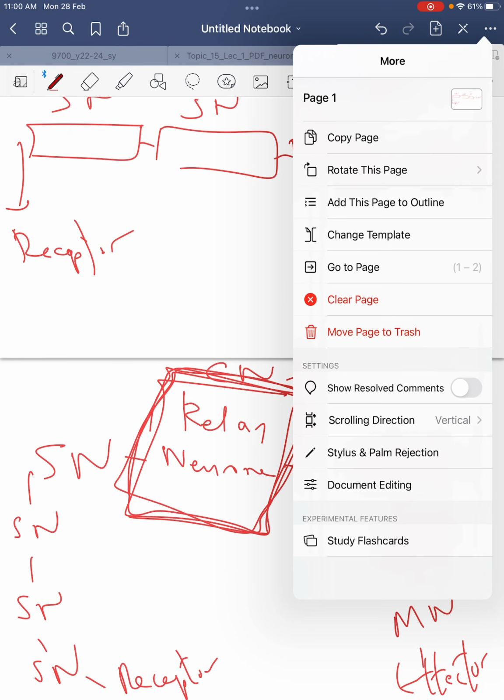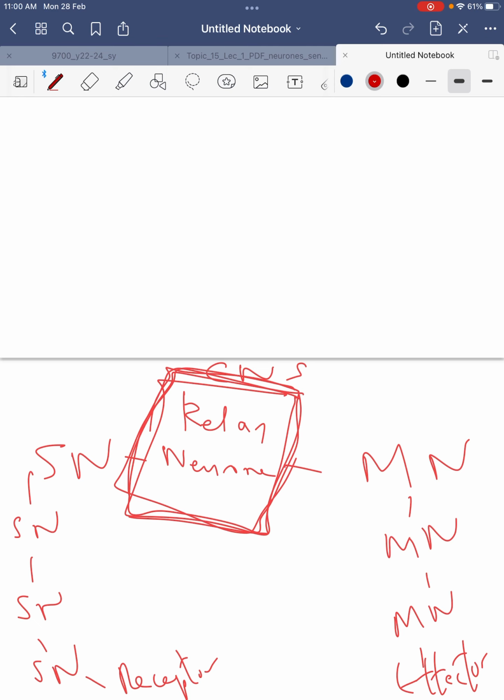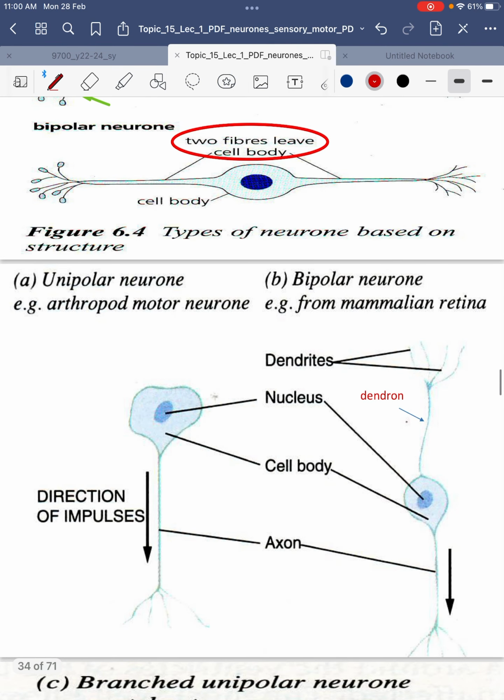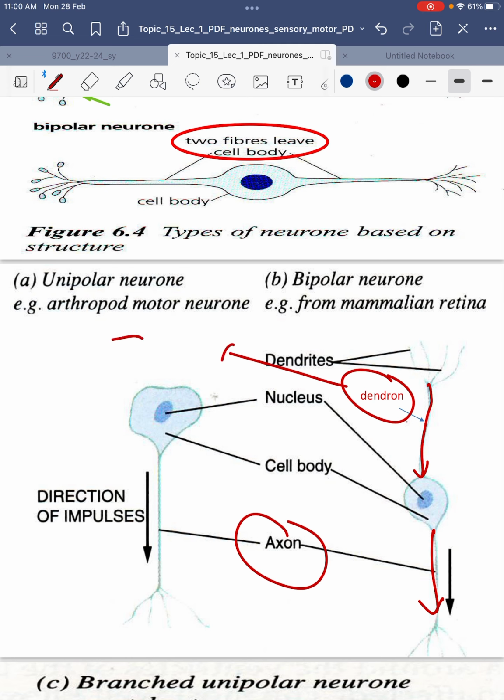Those that carry towards the cell body are called dendrons. Away from the cell body are called axon. So this is towards the cell body, called dendrons. Away from the cell body are known as axon. This is away.